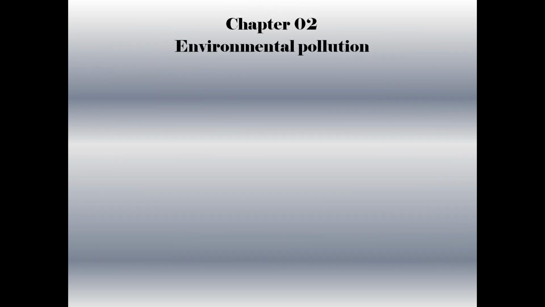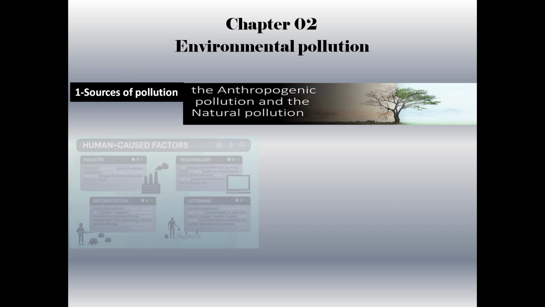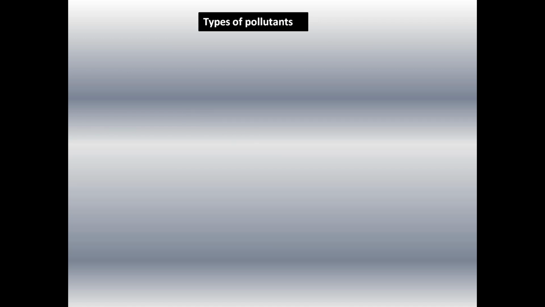Chapter 2, Environmental Pollution. Source of pollution. The anthropogenic pollution and the natural pollution. The anthropogenic pollution term refers to a human-caused factor. Types of pollutants.